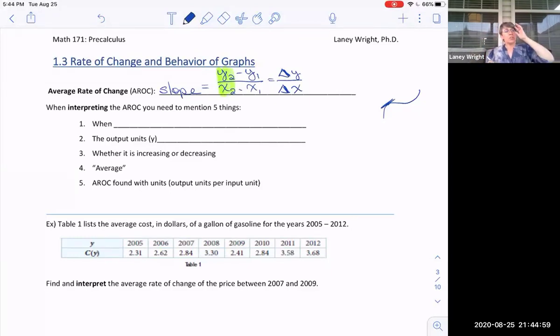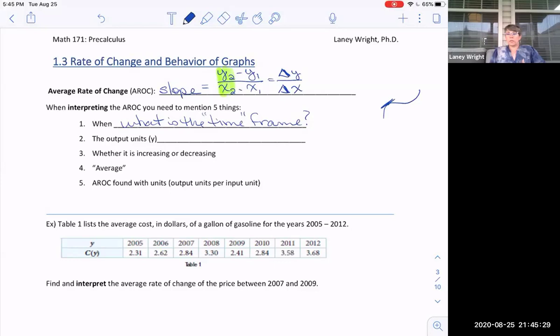Okay. So when interpreting the ARC, there are 5 things that you need to mention. First of all is the when. In other words, what is the time frame? For example, and I'll put time in quotes here.